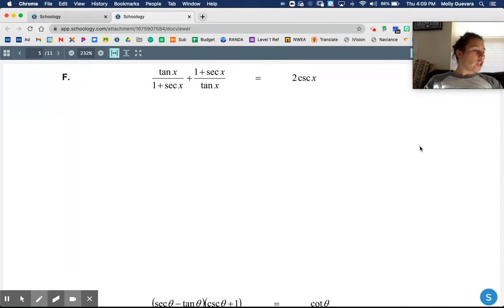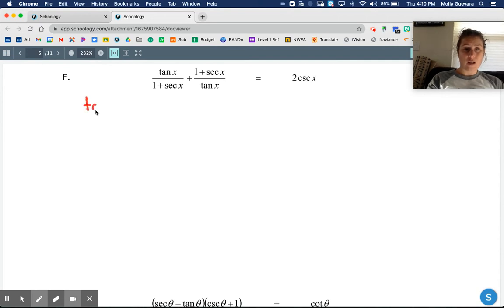Okay, so here I have two fractions added together and it becomes one term. So I'm probably going to want to combine these two fractions and get a common denominator. Let's start by multiplying by the conjugate of the bottom since it's two terms and seeing where that gets us.